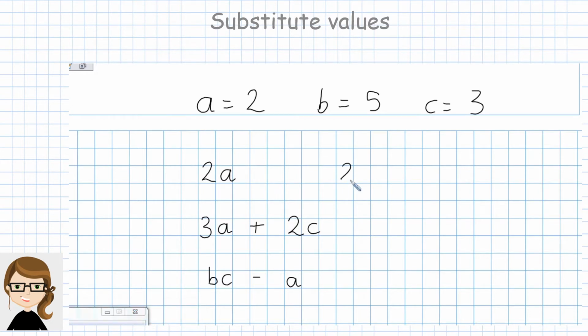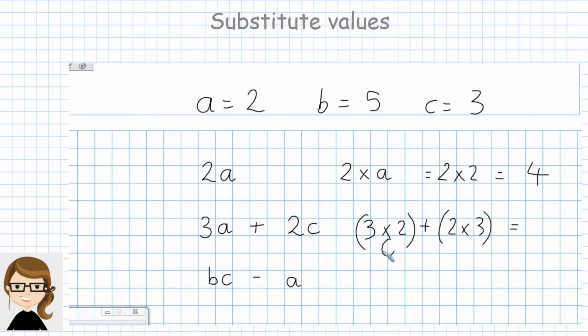So we're just going to substitute the A, so that will be 2 times A, which is 2 times 2, that makes 4. For the next one, we're going to take it step by step. So I'm going to put it in brackets. 3 lots of A, 3 lots of 2, add 2 lots of C, which is 3. 3 times 2 is 6.